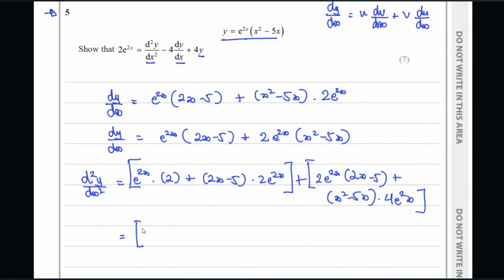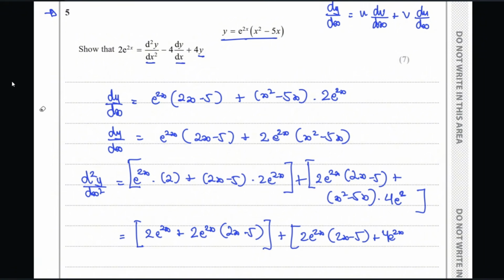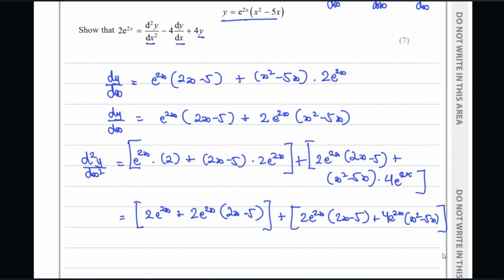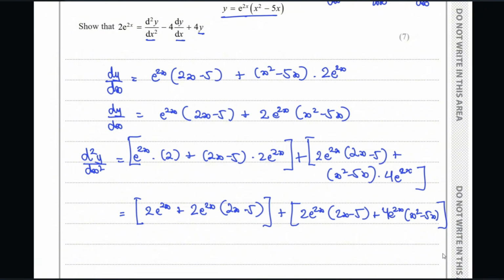The first bracket is 2 e to the power 2x plus 2 e to the power 2x times 2x minus 5. And then the second bracket is 2 e to the power 2x times 2x minus 5 plus 4 e to the power 2x times x squared minus 5x. So we have an expression for d squared y by dx squared.